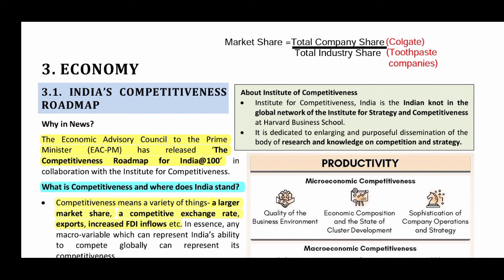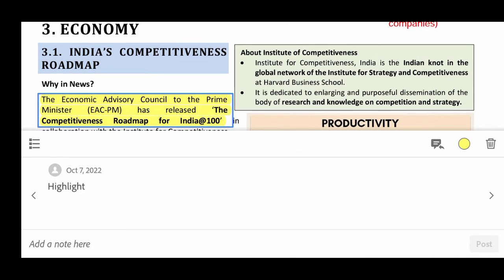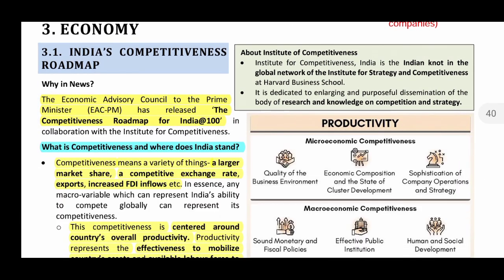Then exports must be in bulk amount. If a country's exports increase, then growth of the country is possible. Increased FDI inflows. So FDI is foreign direct investment. It means investment by foreign companies or entities in our country.